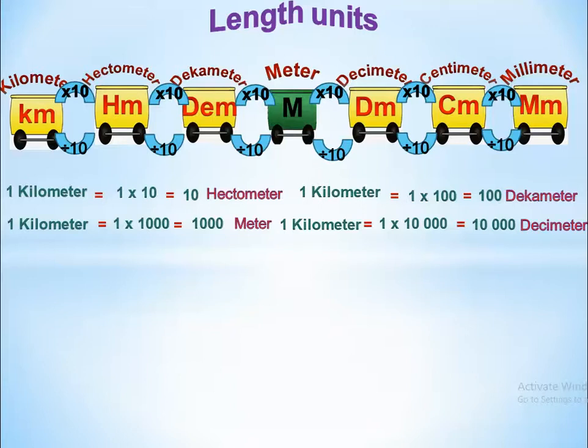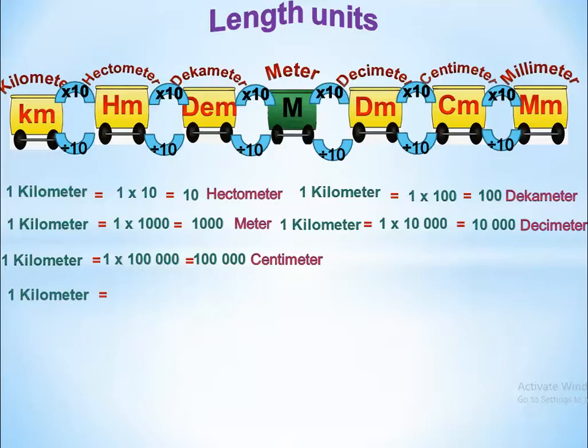Yes, we have 5 zeros, so it will be 1 kilometer equal 1 times 100,000. It will be 100,000 centimeters. 1 kilometer equal, yes, we have 6 zeros, so we are going to multiply it by 1 million. So 1 times 1 million equal 1 million.